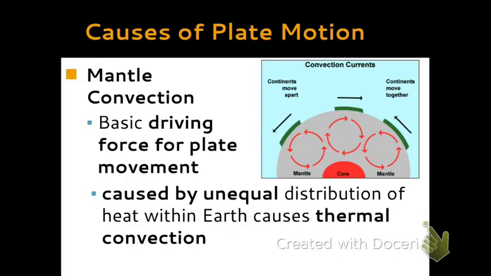So looking at this diagram, the plates are represented in green and convection, obviously, the circles. So right here you have the convection current going up this way, and over here you have them going the other way. So at one point, these two plates would have been connected. But because the two currents are spinning in opposite directions, it's causing those to split, to divide and go apart.